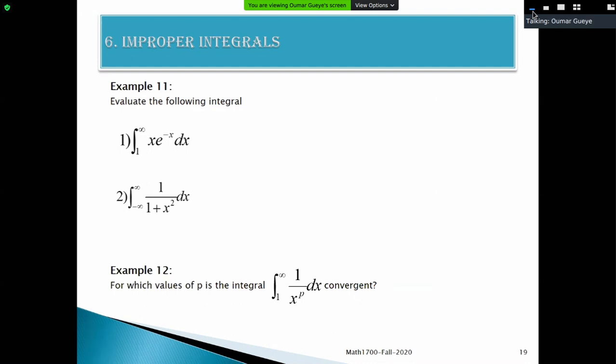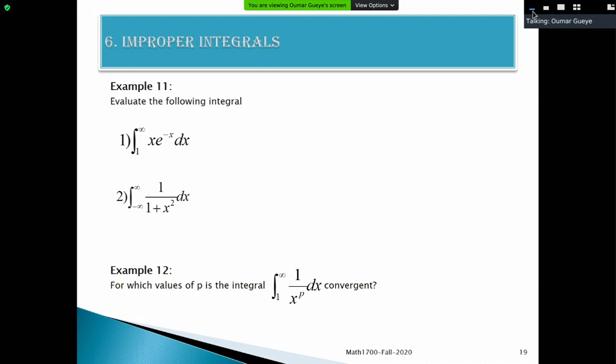If you calculate your integral and don't get a real number, infinity is not a number. So if I get infinity, then it's divergent. Yep. Infinity is not a number.